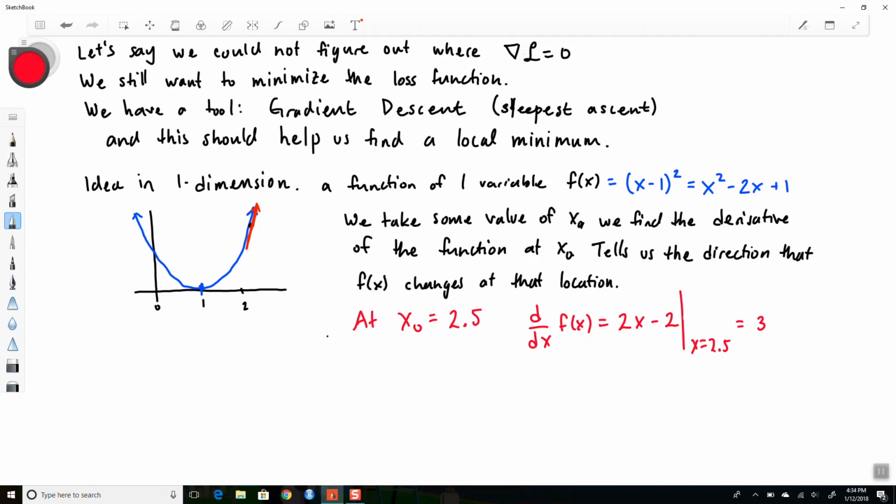Right, so the slope of this tangent line right here would be 3, and it tells me that if x increases, then f increases 3 times faster than x.